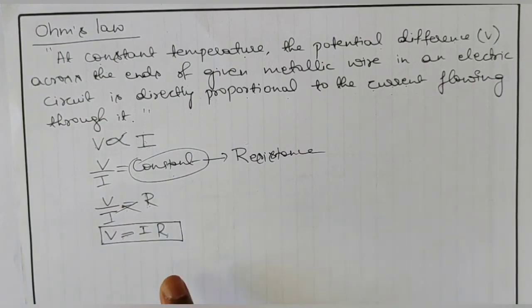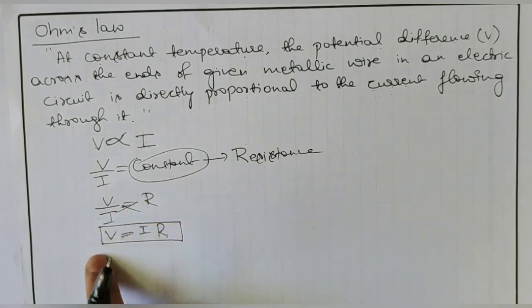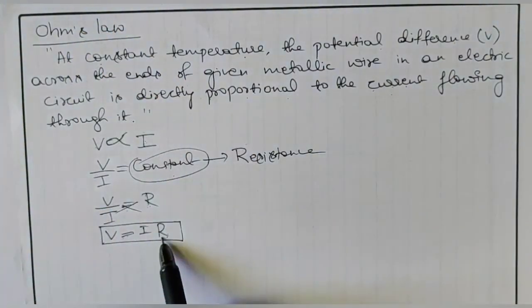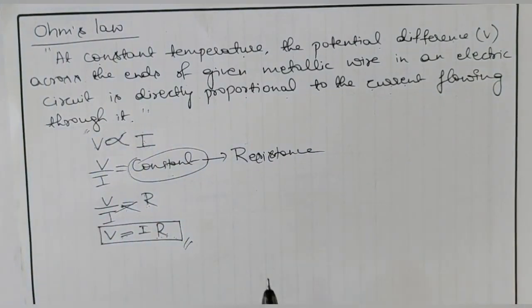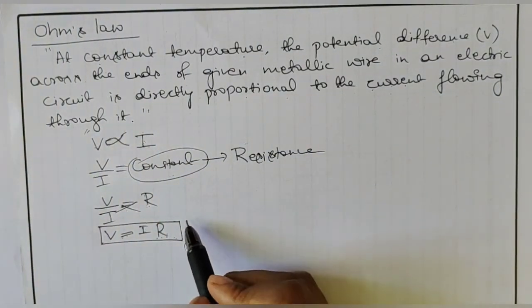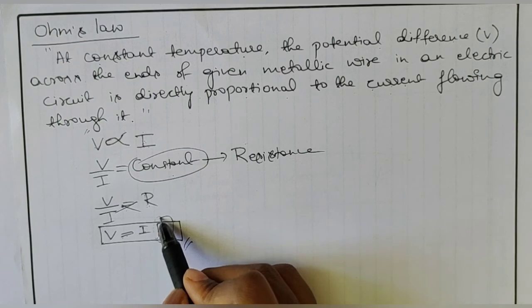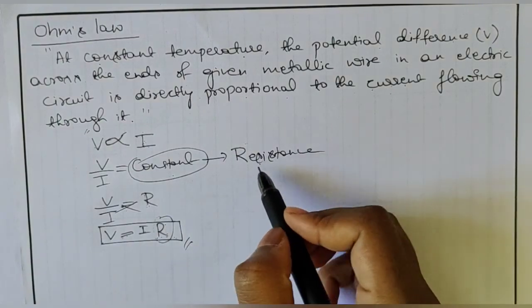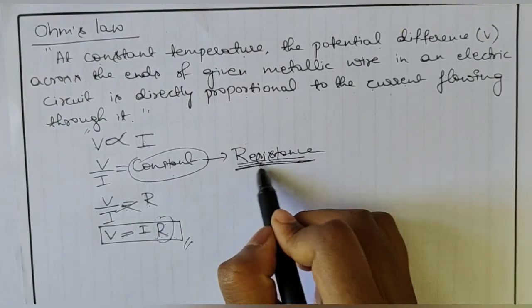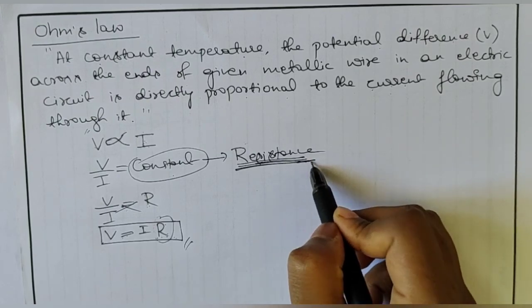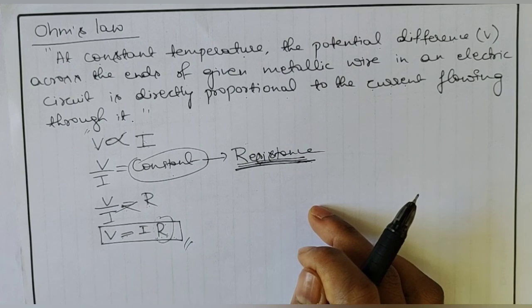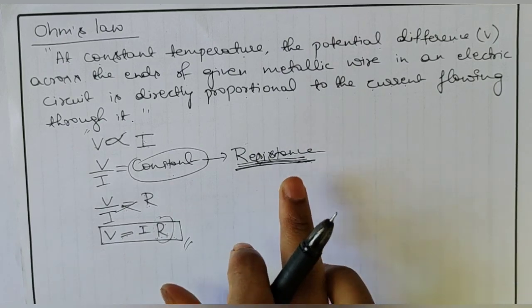If you get a 1 mark question just to write the mathematical equation for Ohm's law, you need to write this one. If not, if they ask how you got this one, just write from this point to this point. Clear? Now listen, what is this term R? R is resistance. So our next topic is resistance. Now we'll be studying exactly what resistance is, and one more term we'll get here, resistor, and again with an activity we'll be learning a lot about resistance.